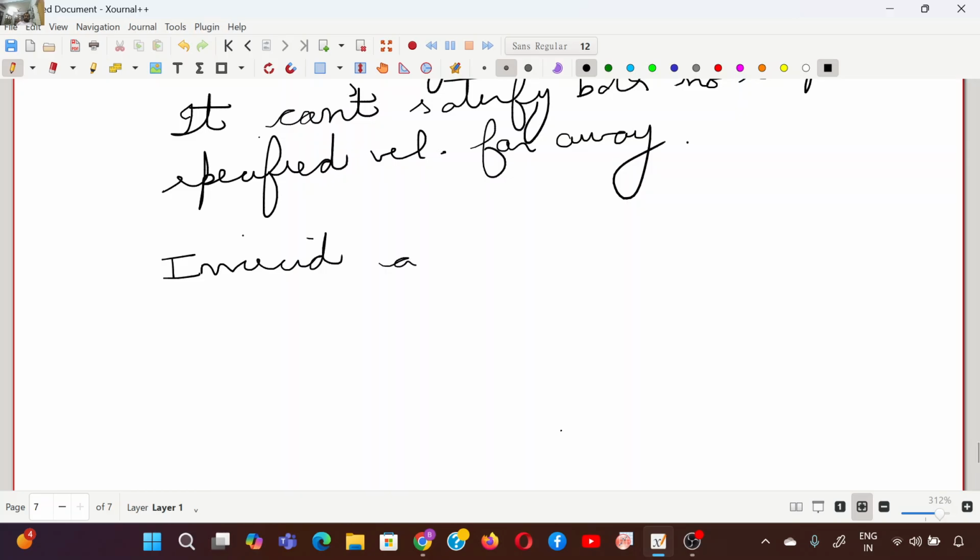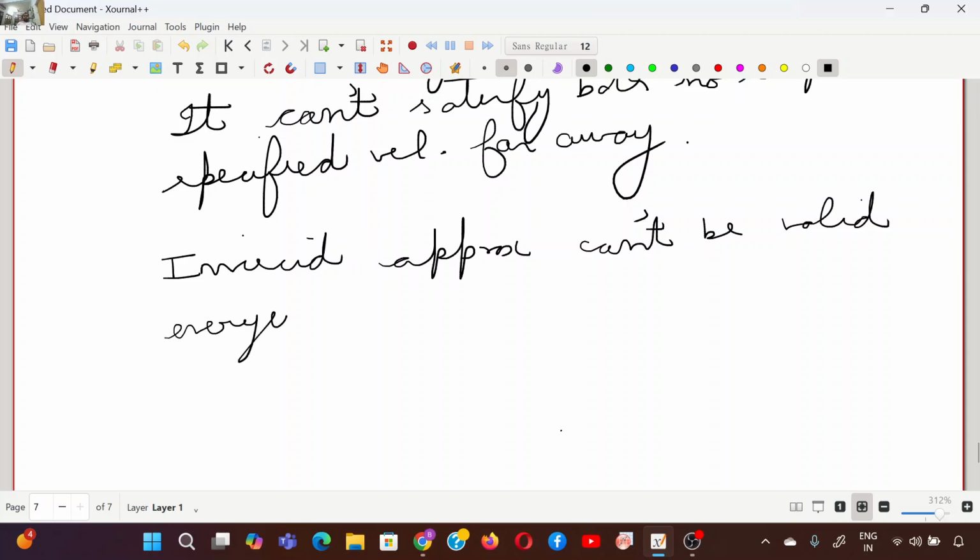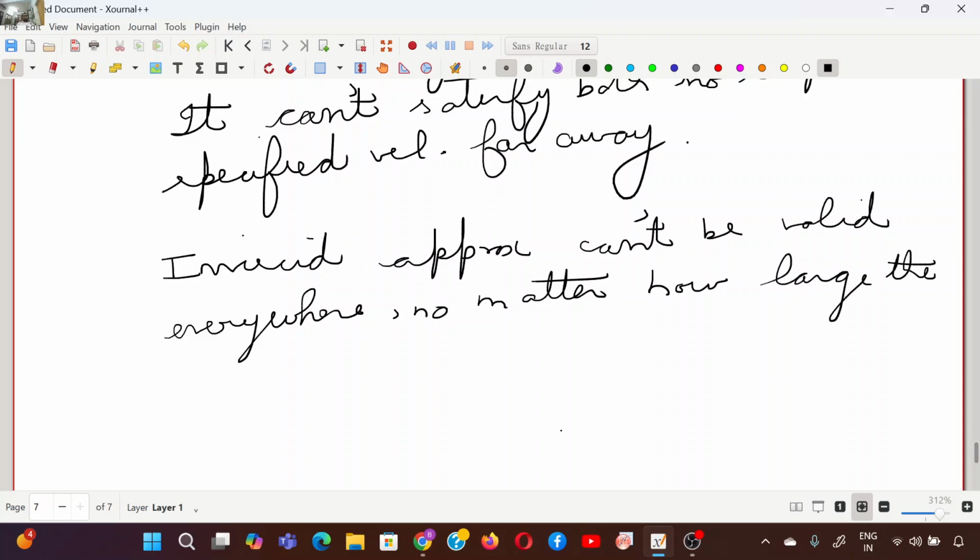Thereby, the inviscid approximation can't be valid everywhere, no matter how large the value of Reynolds number, because no slip will be discarded.